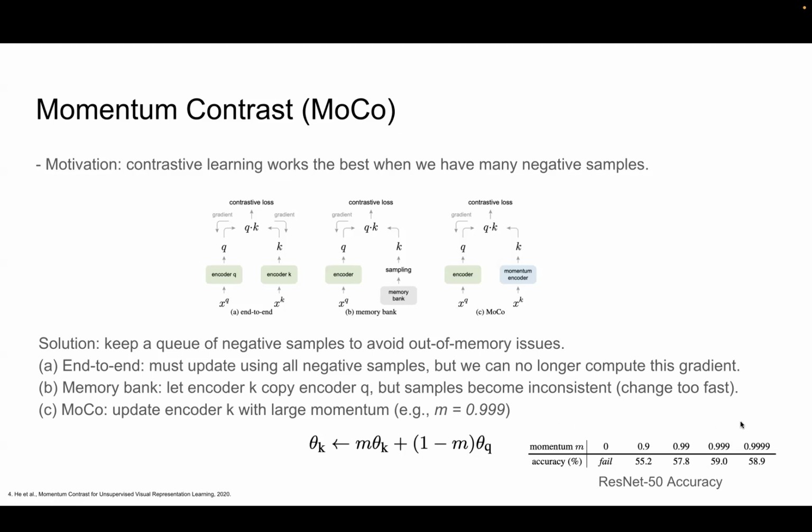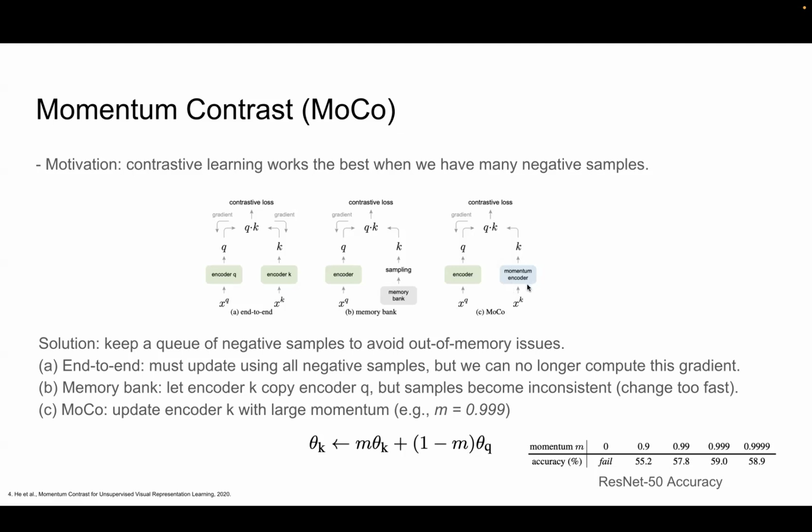They did an experiment showing that for the momentum parameter, we always want to use something very close to 1. That means we don't update the momentum encoder that much.